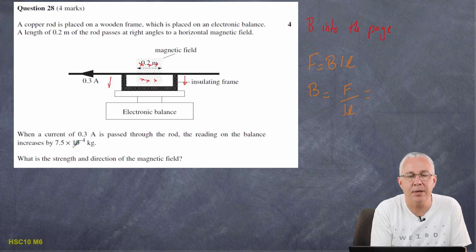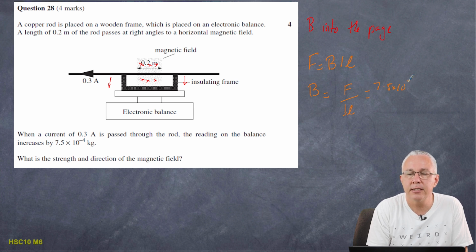The mass increases by that amount. So the force is 7.5 × 10^-4, but of course it's multiplied by the acceleration due to gravity, which is 9.8. We divide this by I and L. Our I is 0.3 amps and our L is only 0.2 meters.